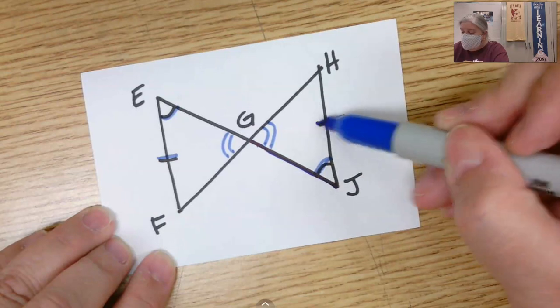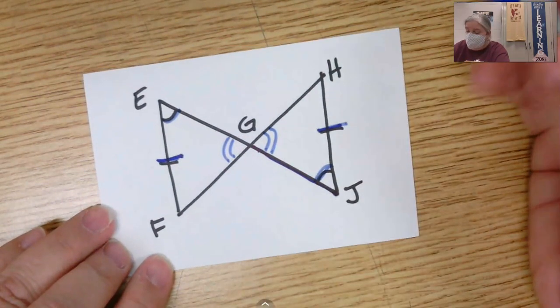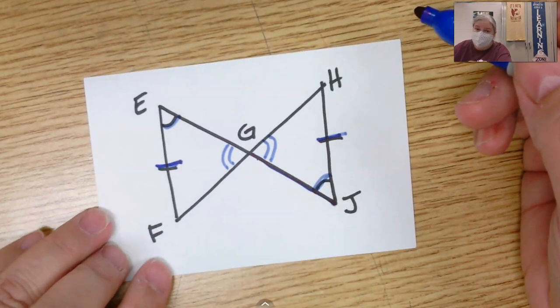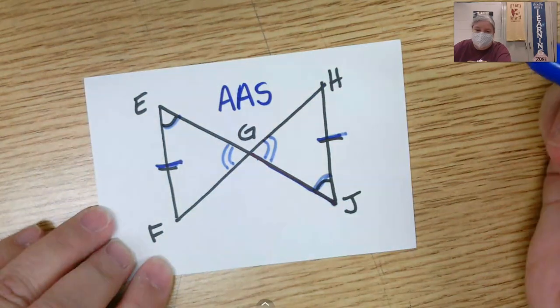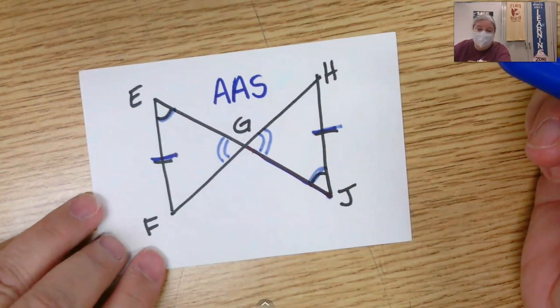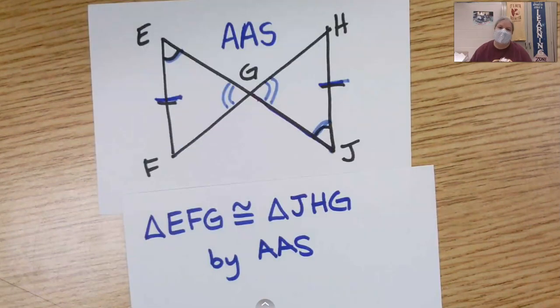So over here, this side is not the included side. This side is not the included side. So the S is not in between the 2 A's, and we have AAS. These 2 triangles are congruent by AAS. And very often I would be asked to say it that way right there.